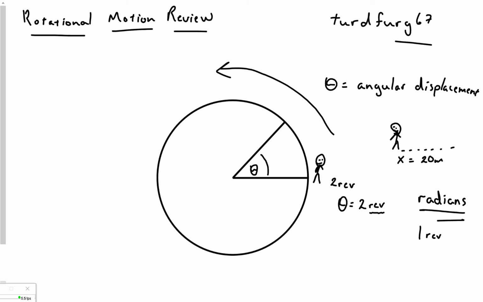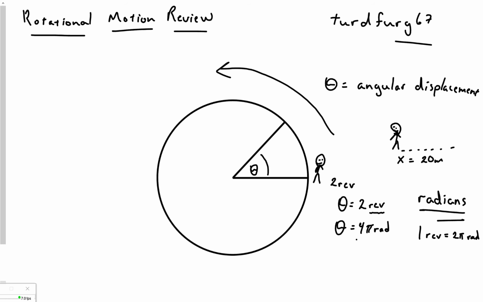1 revolution is equal to what? 2 pi radians. So in the case of this problem, what would be our theta for somebody going 2 complete laps on a merry-go-round? Well, they would have 4 pi radians as their displacement in this case.